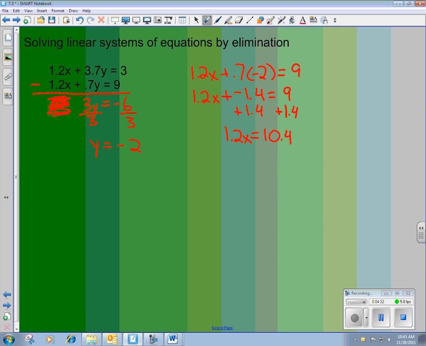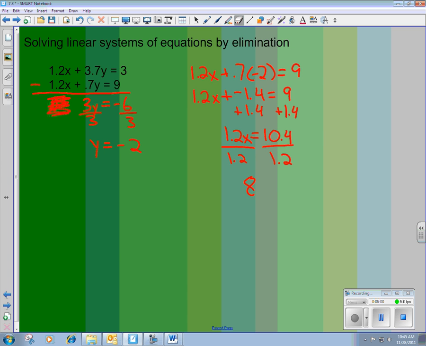So now we just need to divide that. So 1.2 dividing by 1.2. And as an answer there, what do we get? 8, something like that. Let's grab a calculator. So 10.4 divided by 1.2 gives us 8 and 2/3.